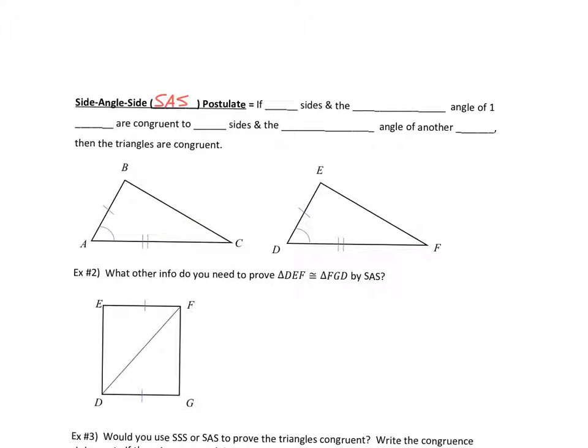So the SAS postulate says if two sides and the included angle of one triangle are congruent to two sides and the included angle of another triangle, then the triangles have to be congruent. So if you have an SAS setup that matches up with another SAS setup, those two triangles have to be congruent. Okay? Carson, you with me right now?